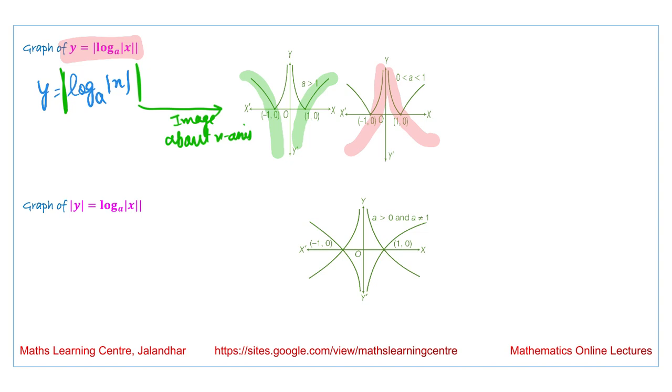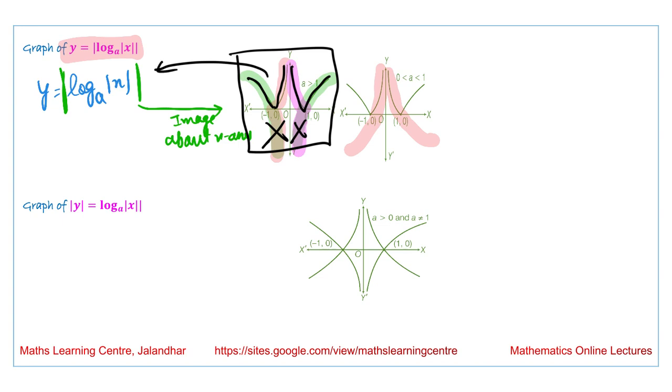So the image of this portion, I am marking it with this red portion: in this first case the image is this, and the image of this portion is this, and we have to remove this portion of the graph from this figure. Hence we obtain the graph for y is equal to mod of log of mod x to the base a, where the condition here is a is greater than 1.